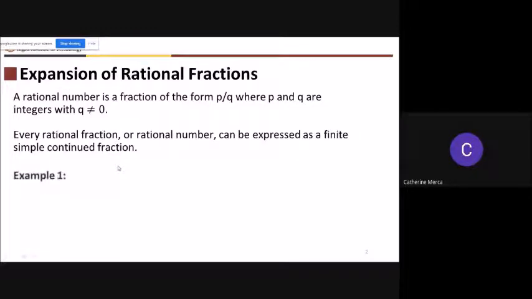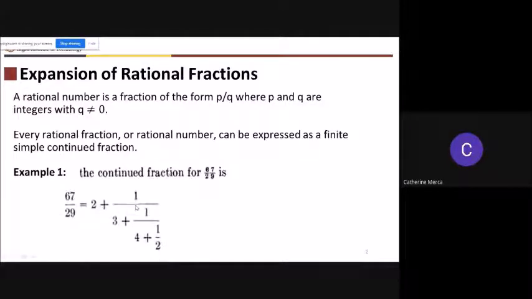What is a simple continued fraction? Finite, simple, continued fraction. If you have 67 over 29, this continued fraction can be written as follows. 67 over 29 is 2 plus 1 over 3 plus 1 over 4 plus 1 over 2, which is equal to the following. This is 2 plus 1/3 plus 1/4, okay?